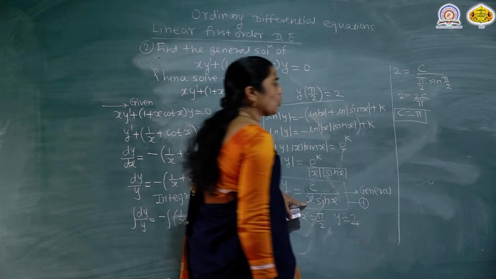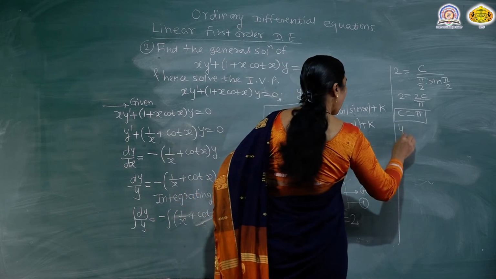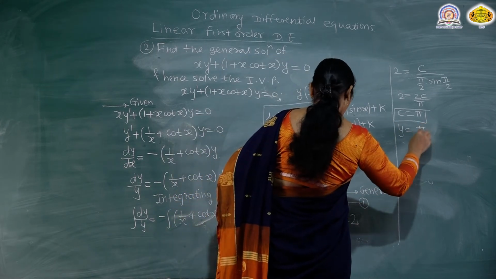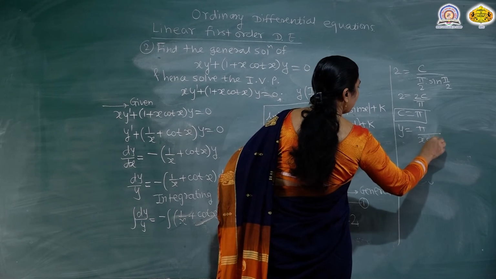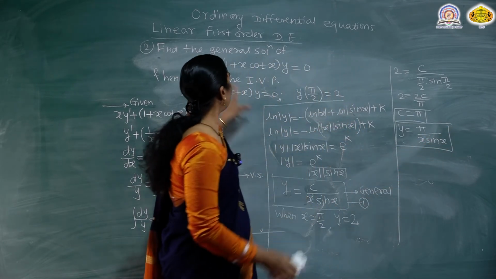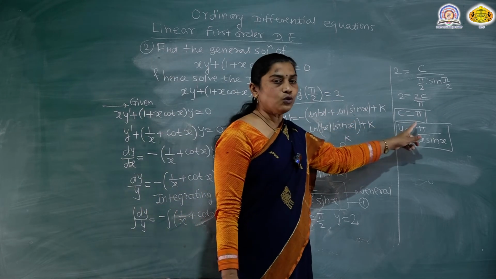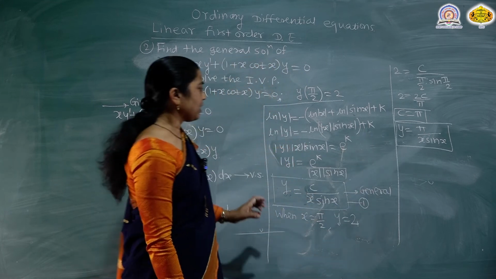Once we get the value of c, we substitute that value in equation 1, we get y is equal to pi upon x sin x. This is nothing but the solution of this initial value problem, that is y is equal to pi upon x sin x.